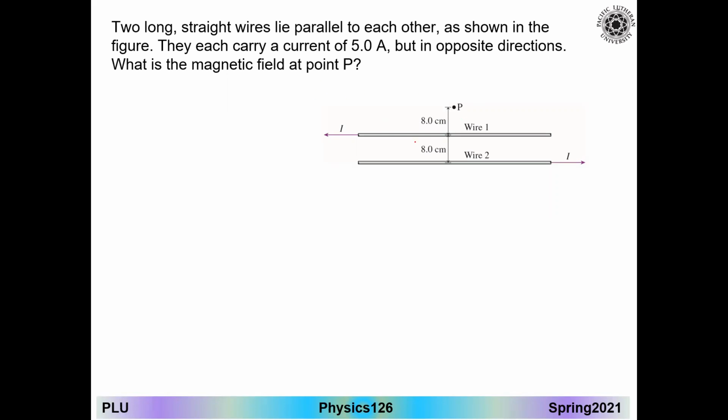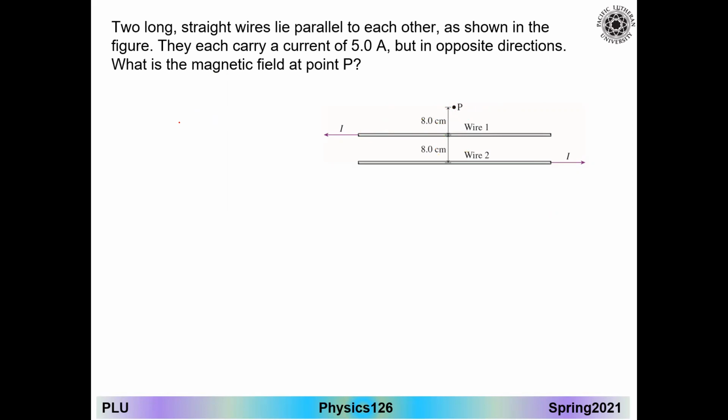To make this easy to observe, we're going to use the right-hand rule to find the direction of the magnetic field. At this point, the directions are the same for wire 1 and wire 2, according to the direction of P. Okay, so to make it easy, I can make another observation by rotating those two wires 90 degrees.